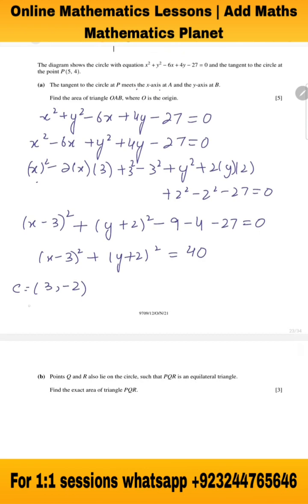Now the gradient of the tangent will be, and then the equation of the tangent.